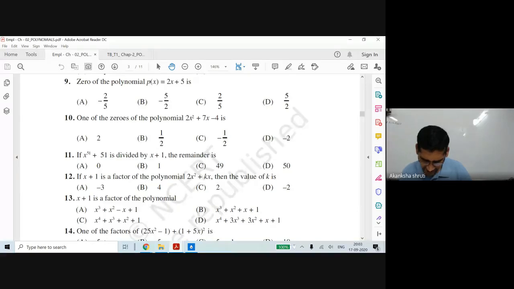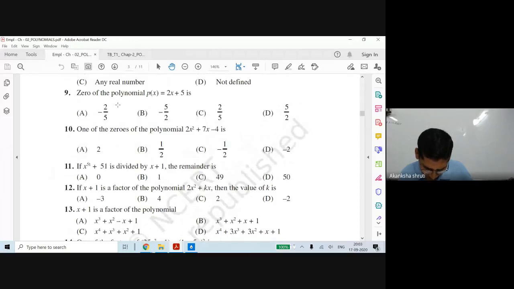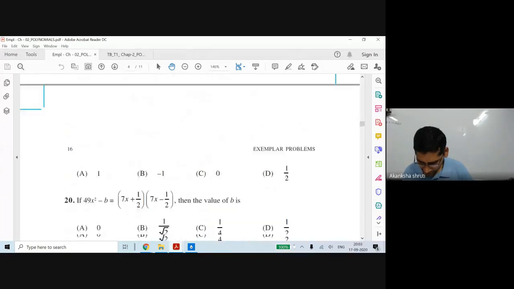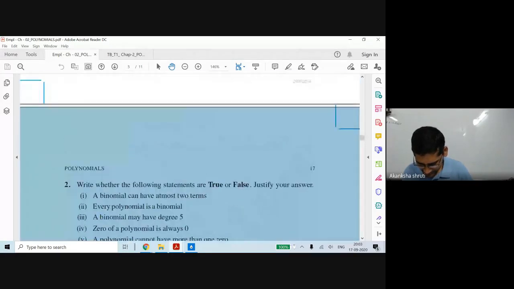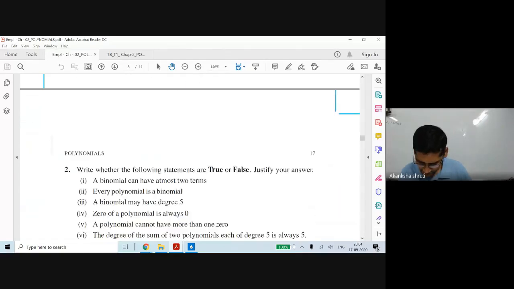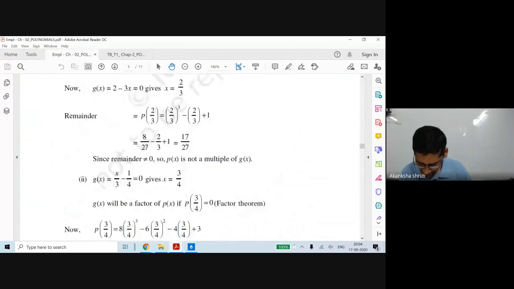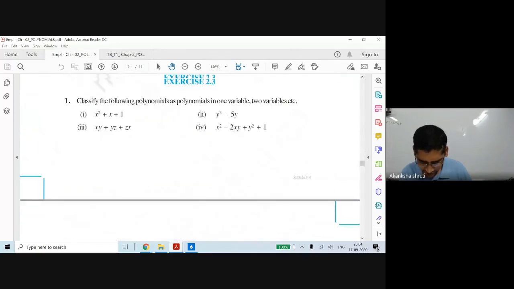These are easy. Question number 11. So up to question number 10 you people can do. Question number 10 of exercise 1. And this we have done. The following, justify. Question number 1 we have done. Question number 2 we can do.